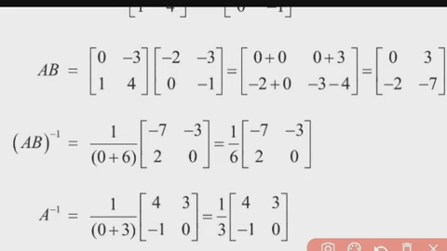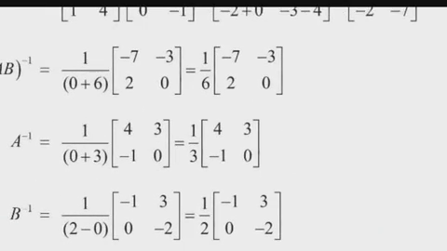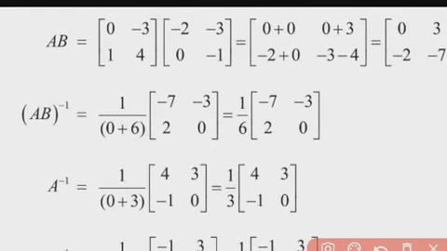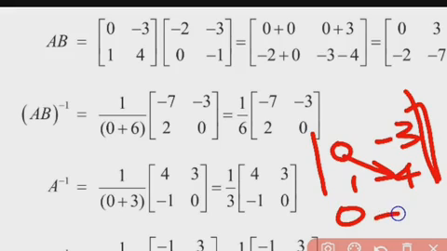Next, we are going to find A inverse and B inverse. The A matrix is 0, -3, 1, 4, as given in the question. If we take the determinant of this value: 0 into anything is 0, minus here -3, so +3. So +3 is the determinant value.